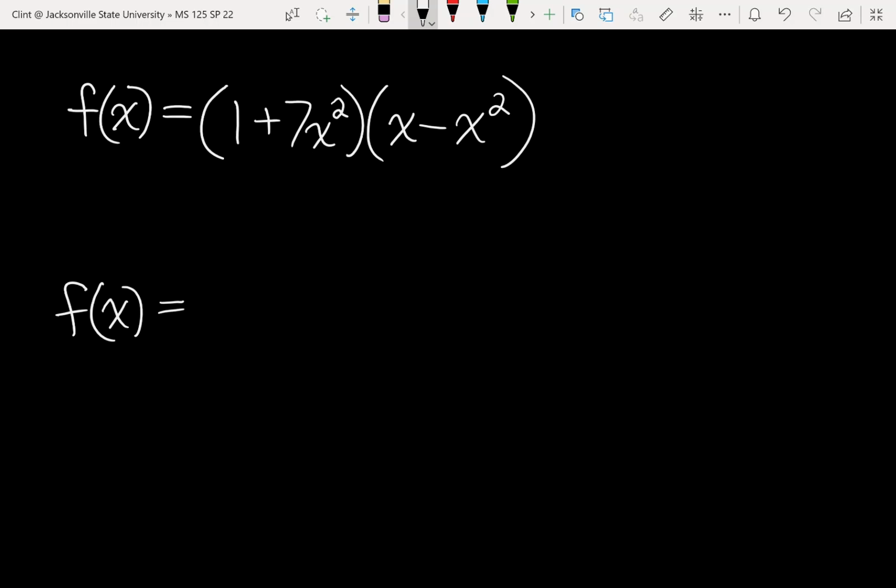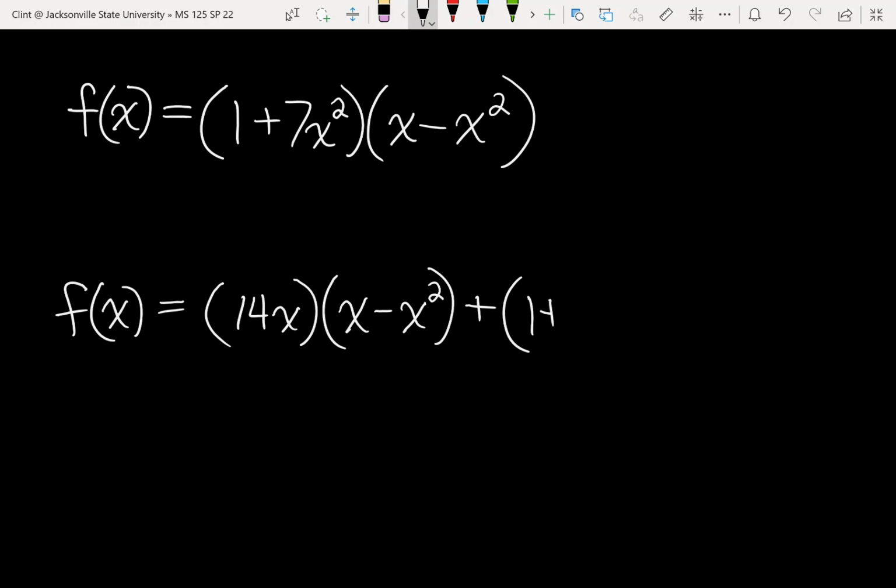So there we would take the derivative of the first term. There we get 14x times the second term plus our first term times the derivative of the second term.